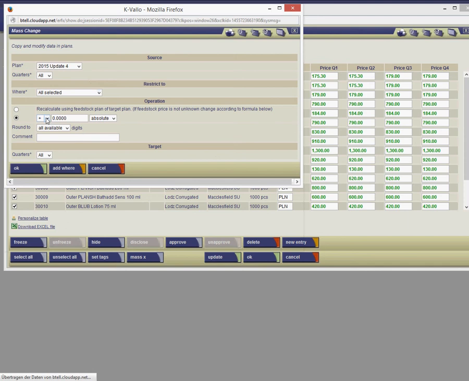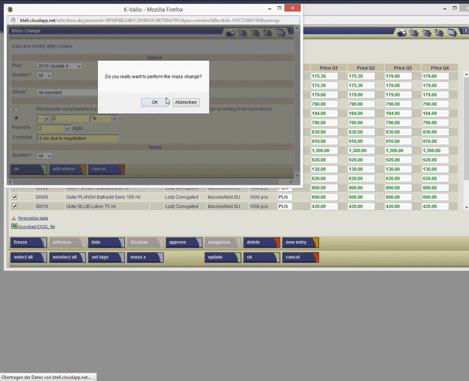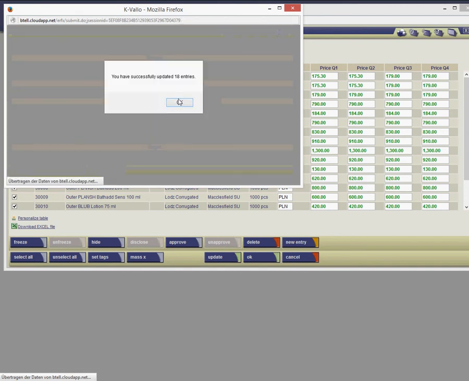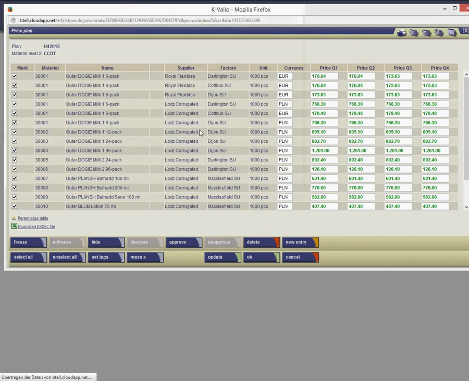So you take this, subtract 3%, take 2 digits, and add a comment there: minus 3% due to negotiation. And here you see all the prices have changed.